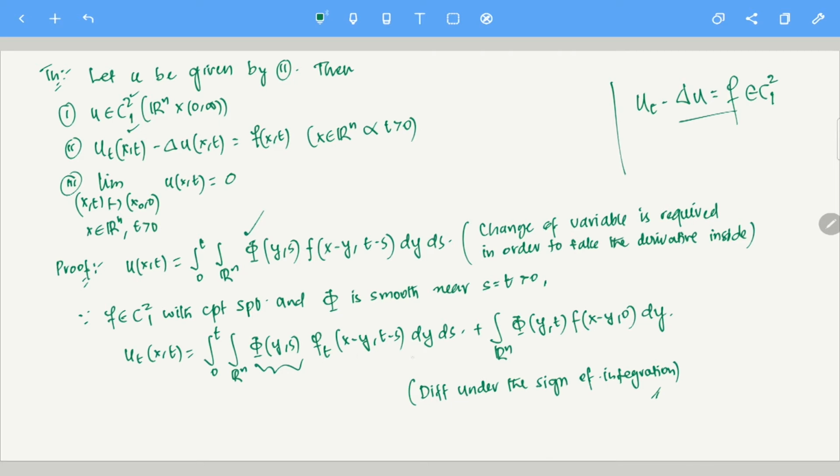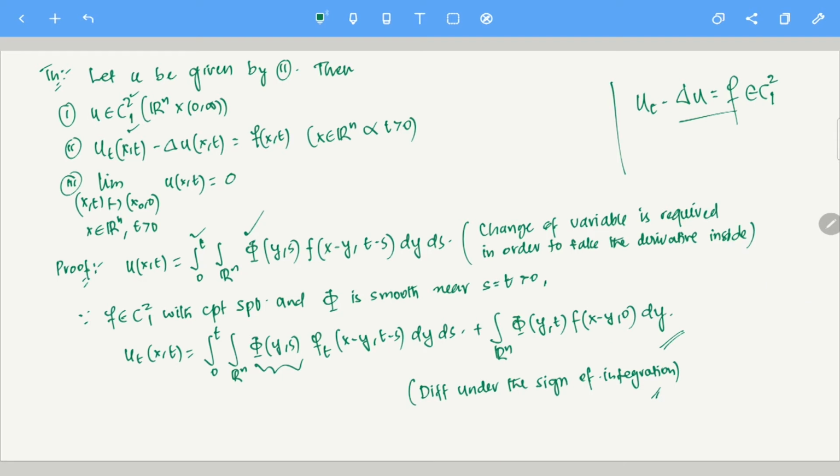But this is essentially a constant with respect to t, so I can take it out, and this is the boundary term. So the derivative of t is 1 times whatever the function is evaluated at the point t equals s. So t minus s is 0, that is why it is 0, plus the derivative of 0. The derivative at the point 0 is 0, so essentially you do not have that term. So u_t looks like this.